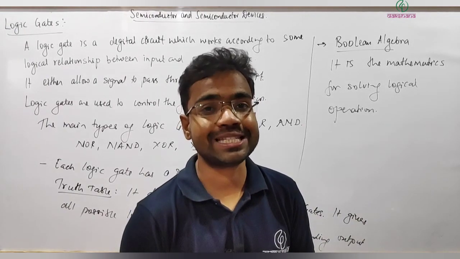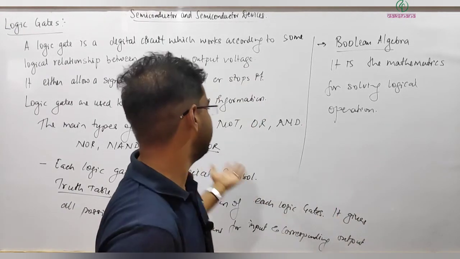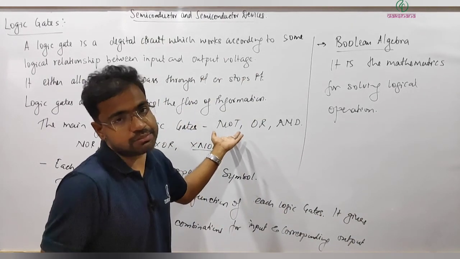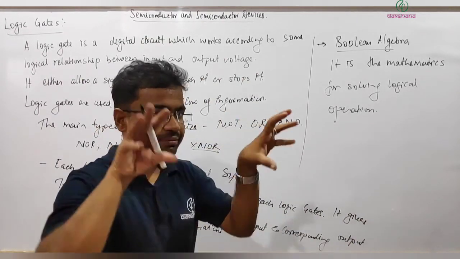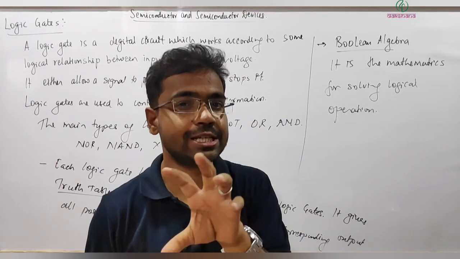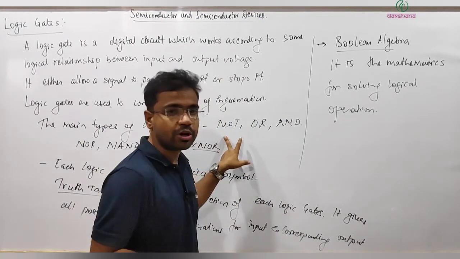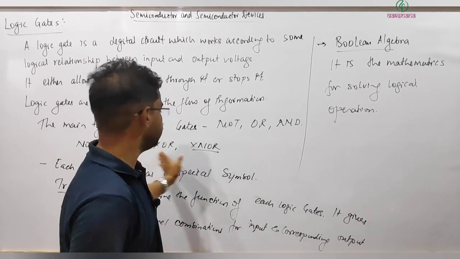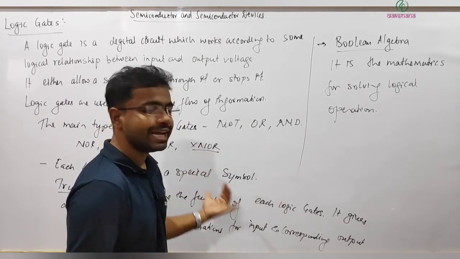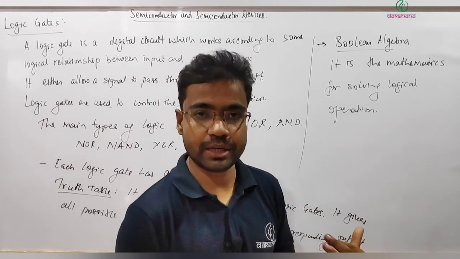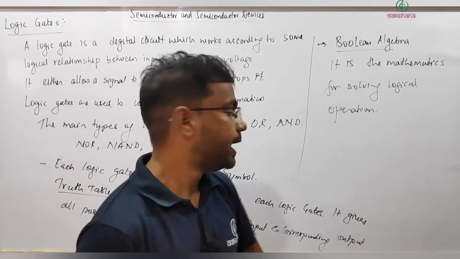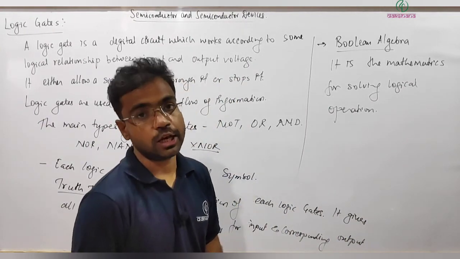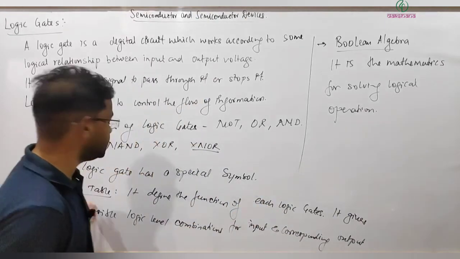Many logical operations can be performed, and based on which operation is being performed we have different logical or digital circuits, which we call gates. So these are some of the possible gates. Each gate has a particular symbol to represent it, and a special function. Those functions are represented in a truth table.